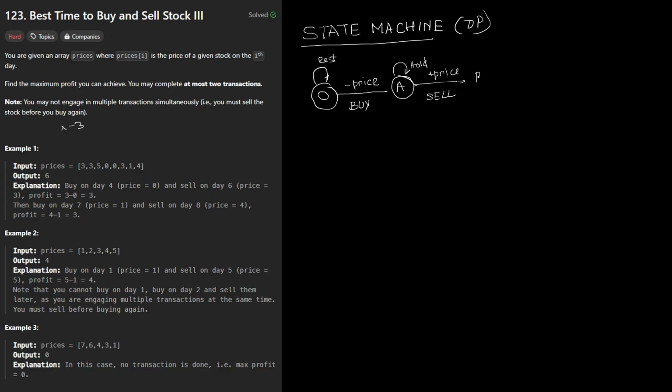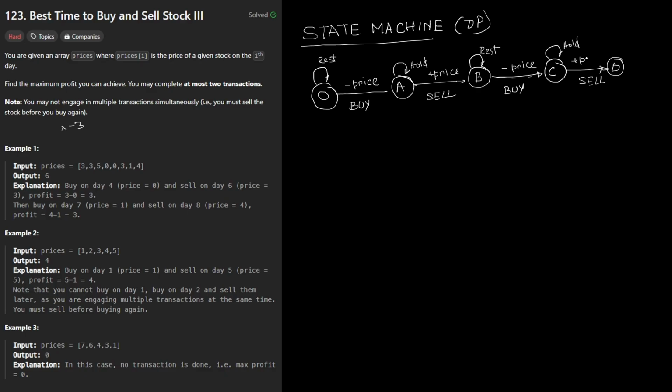Then I can go to B, where I can decide to rest, or I can again buy the stock and go to position C. Whenever I'm buying, it would be minus price. And from here, I can again hold it, and I can sell this stock and go to position D, which would be my end position.